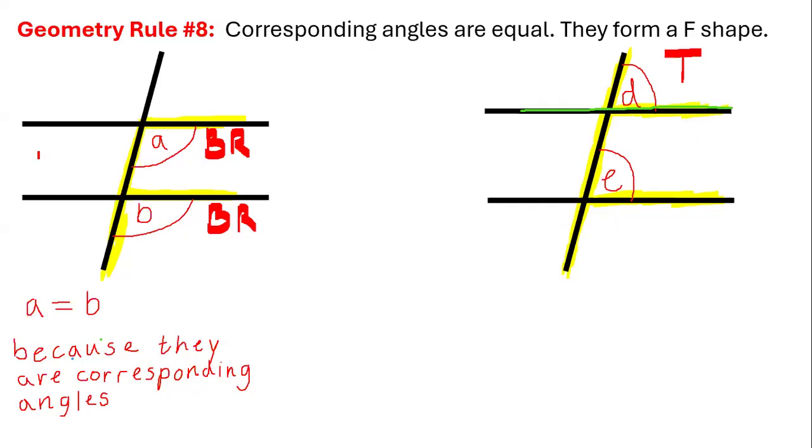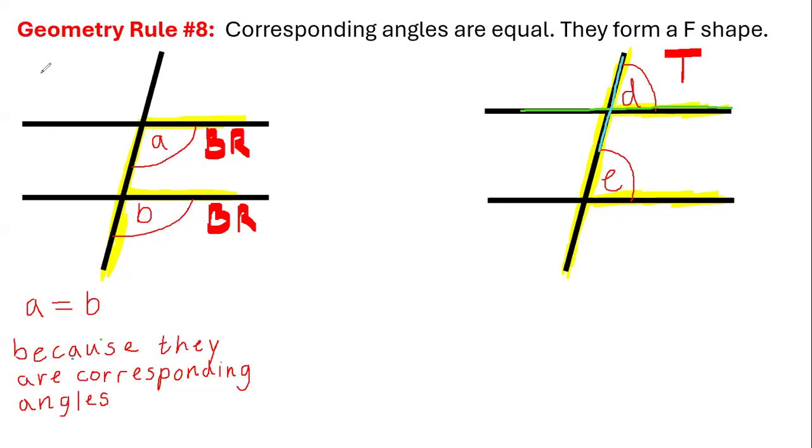Now with respect to this blue line here, is D to the left or to the right of the blue line?